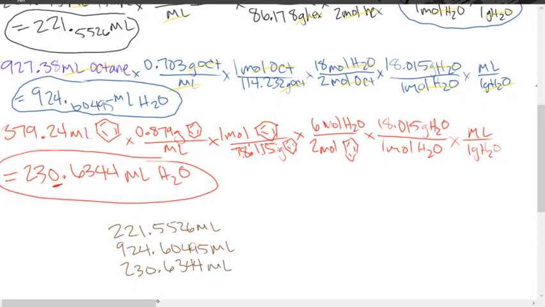And remember, all of these technically would stop right here, so I'll just underline that. But we're going to carry this all the way through to get the best answer possible.